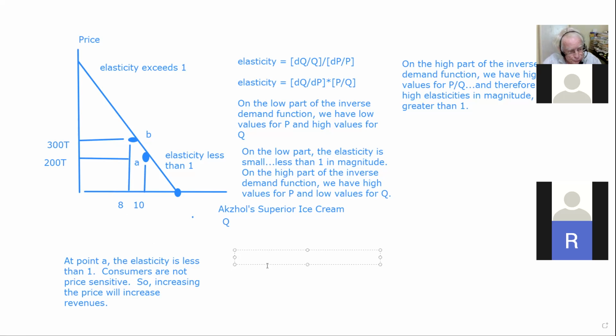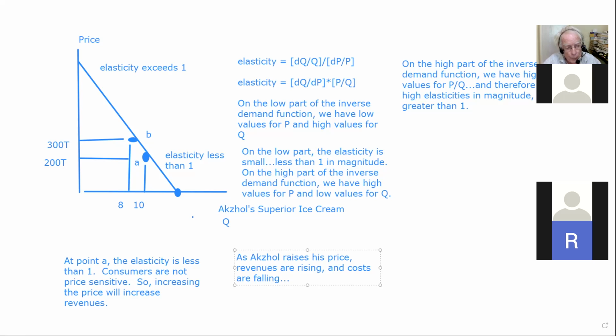So as Oxo raises the price from 200 to 300 tenge, revenues are rising because of the lack of sensitivity to the price increase. And costs are falling because our firm is producing less ice cream than before.